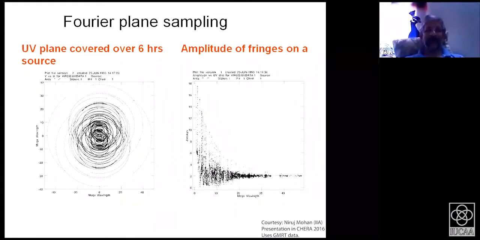And this is what happens based on the orientation of the baseline. For example, for an east-west baseline with a source close to zero declination, you will find that we sample a straight line track.